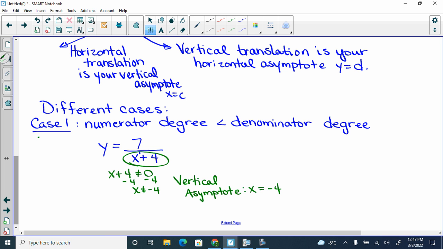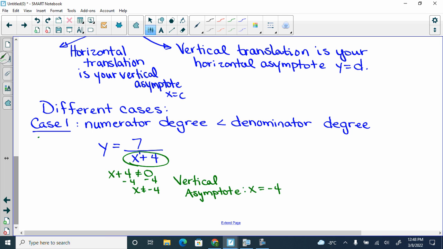My horizontal asymptote, I could actually put this into transformed form, couldn't I? This one in particular. I have a number, so that's a over bx plus c plus d. What would my d be, though? 0. I'd have a plus 0 at the back, wouldn't I?